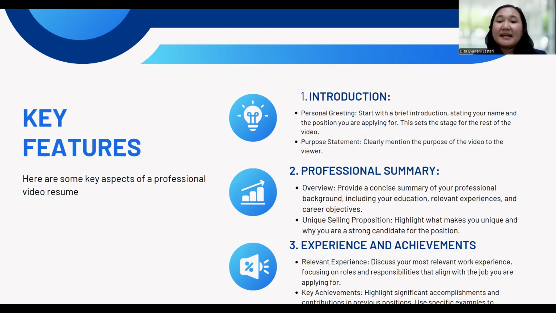Secondly, professional summary. Here, you need to provide a concise summary of your professional background, including your education, relevant experiences, and career objectives.